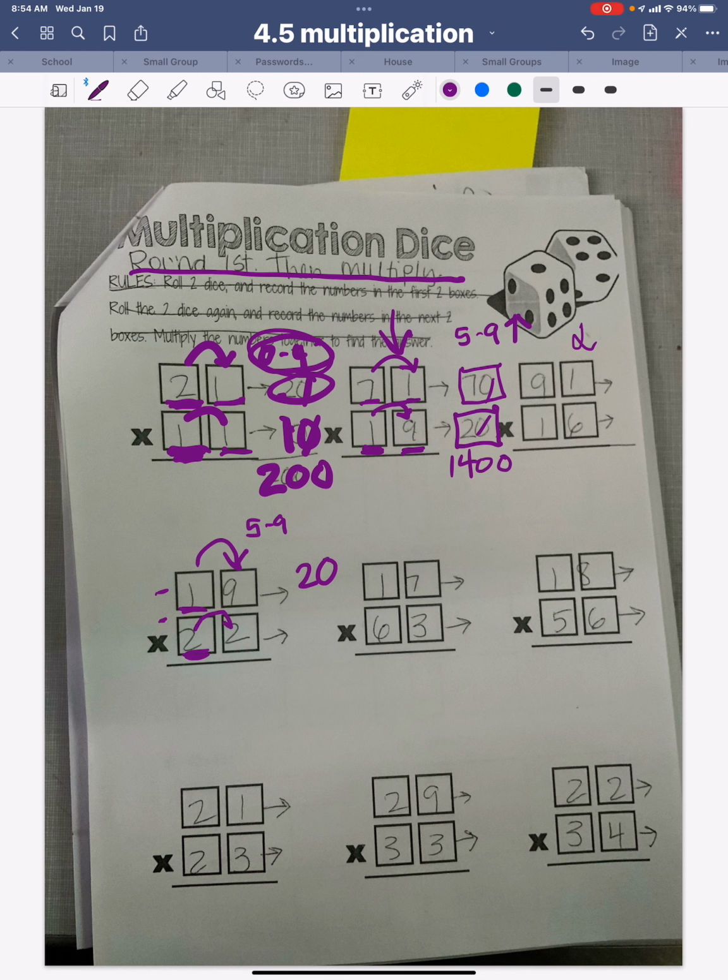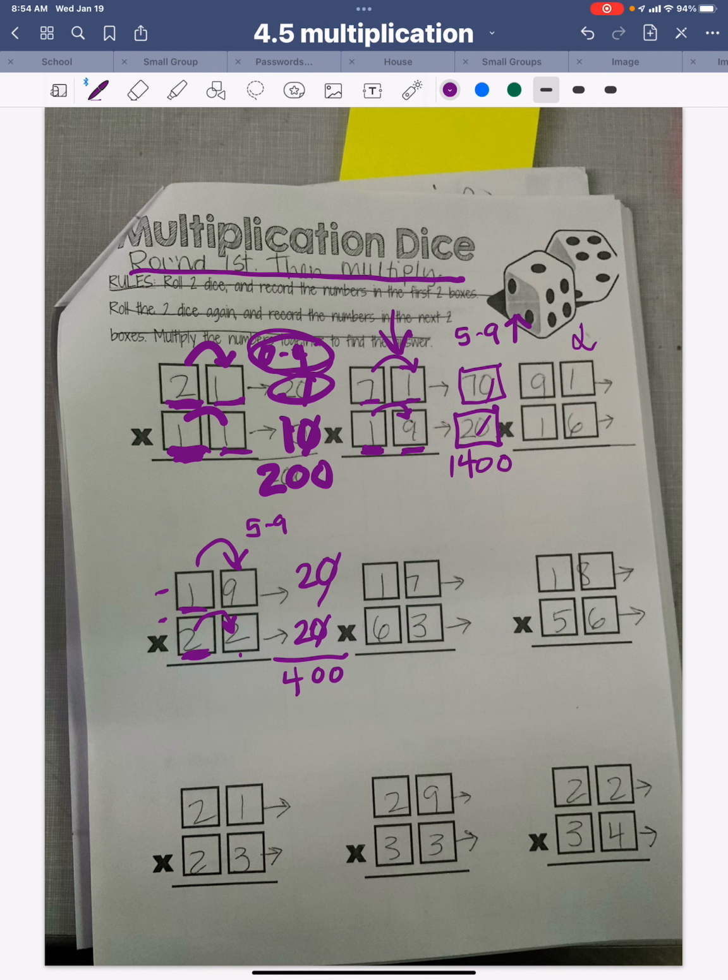I'm looking next door to my Karen, and 2 is between 0 and 4, so if it's between 0 and 4, then we round down. So 22 rounded to the nearest 10 is 20. So now I've got 1, 2 zeros, 1, 2 zeros, and 2 times 2 is 4.